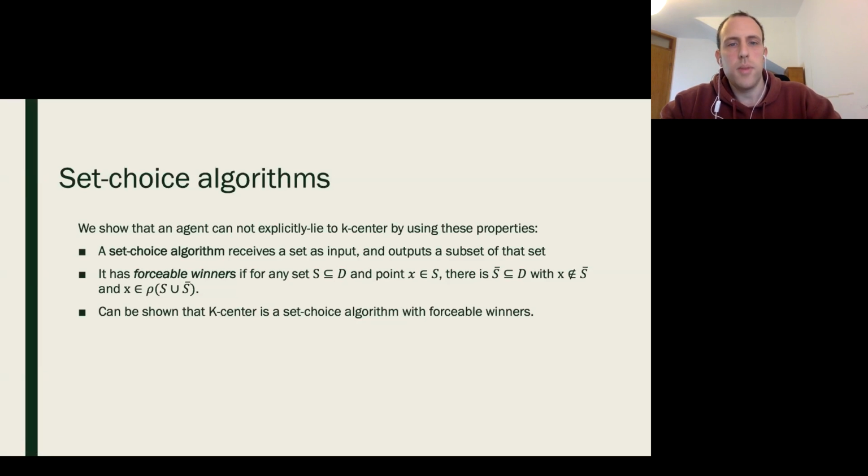And you can show it has a property that we call forceable winners, which means that if you have some set and a point in this set, you can combine it with some other set so that this point would have to be chosen as a winner. In our case, winners are centers.